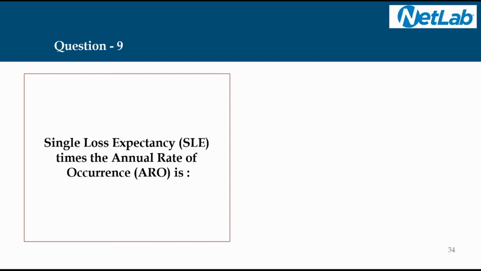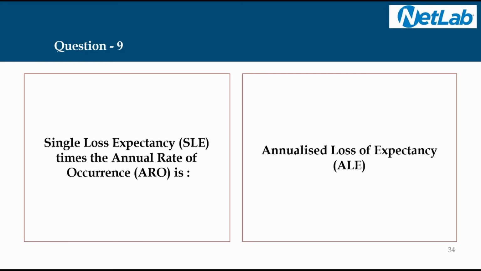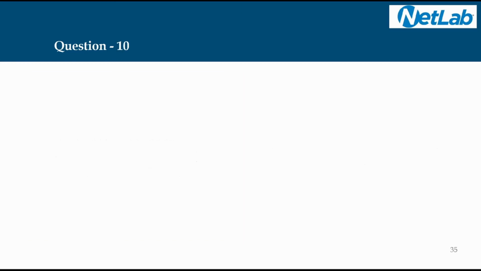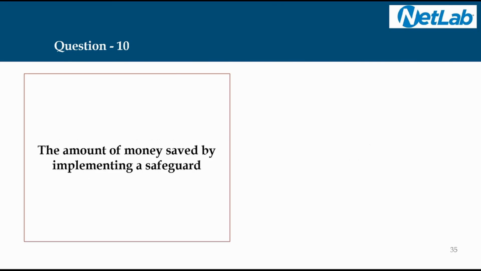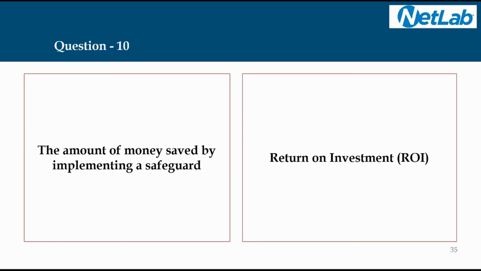SLE multiplied by ARO is what? Annualized loss of expectancy. Question number 10. The amount of money saved by implementing a safeguard. Return on investment.